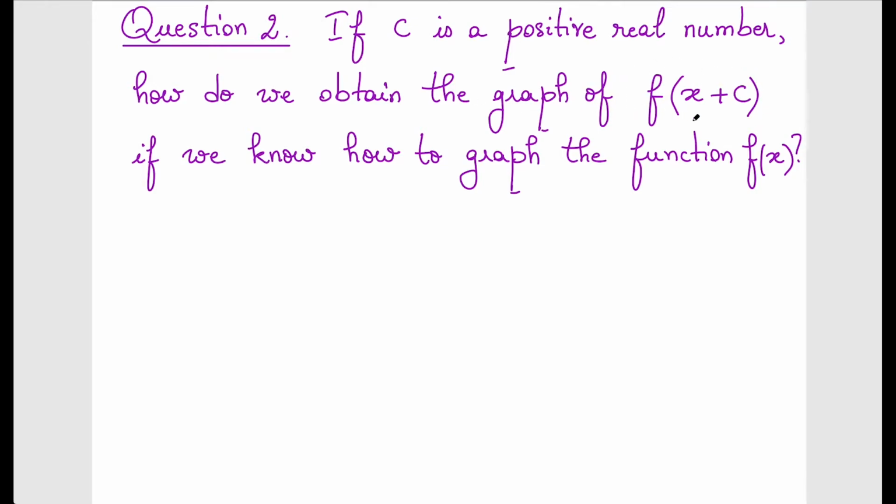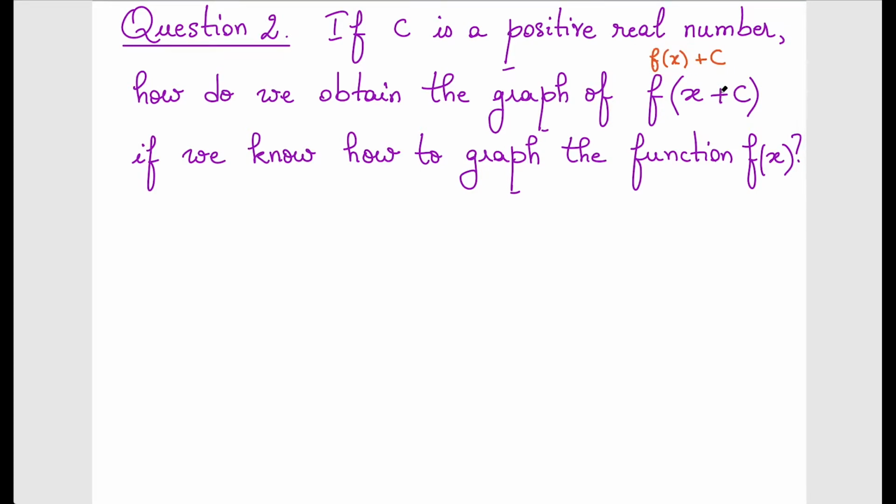Observe that this is different than what we had before. We used to have f of x, plus c, like this, right? Which means f is gonna operate on x, it's gonna produce an output, and then we're gonna add c to the output. So it has to do with adding to the y coordinate, correct? This is what we discovered.